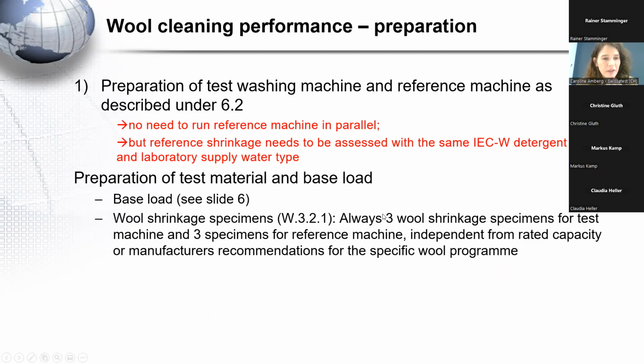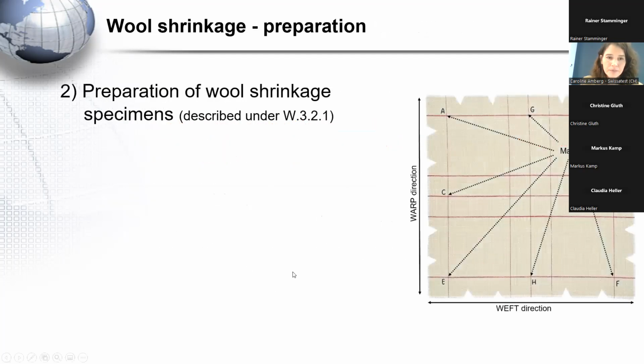So test material means you have to prepare these 3 wool shrinkage specimens for the test machine and also 3 wool shrinkage specimens for the reference machine. This is independent from the rated capacity. You always need these 3. Good.